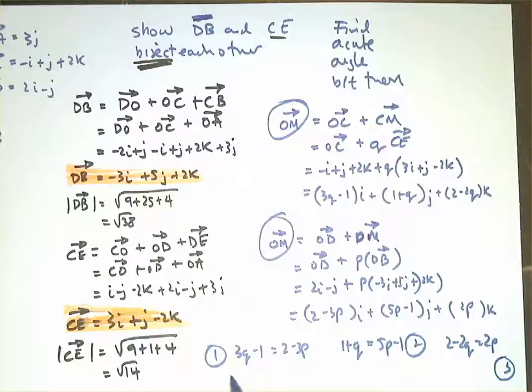Rearranging this, I get 3Q plus 3P equals 3, or Q plus P equals 1.